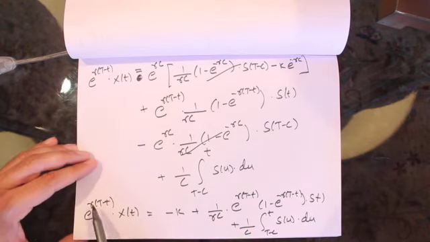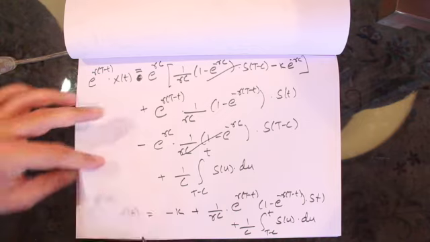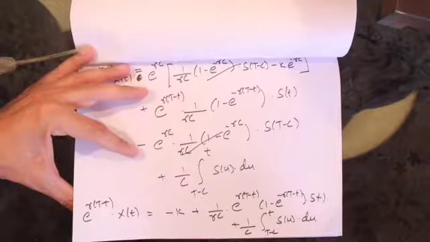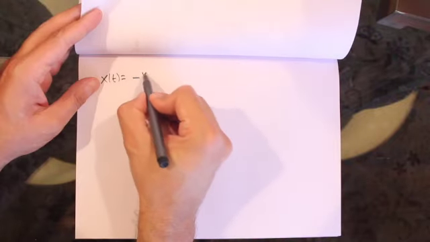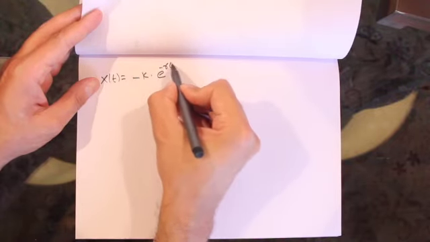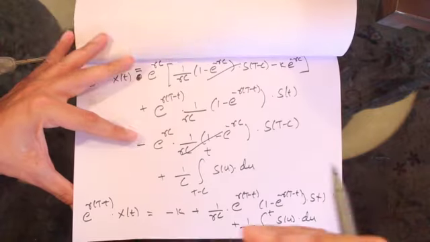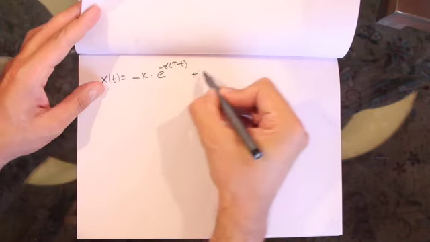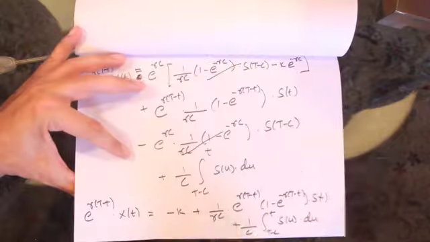Now I can divide both sides by e to the power of r(T minus t), then I'll get x(t) is equal to minus k times e to the power of minus r(T minus t), right? And here I have r(T minus t), divide this by this, so I'll get plus 1 by rc.